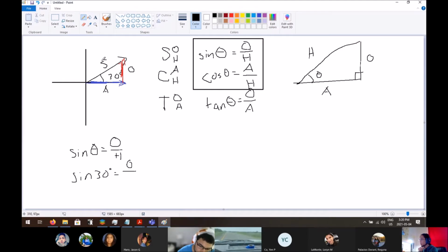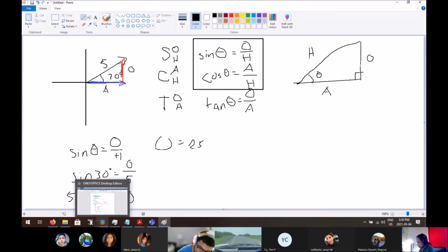And hypotenuse is our 5. So just move 5 to the other side. 5 sine of 30 degrees is equal to opposite, so opposite would equal, I think, 2.5, right? Yeah, it's been a while since I've been in trigonometry. Sine of 30. Yeah, 2.5.